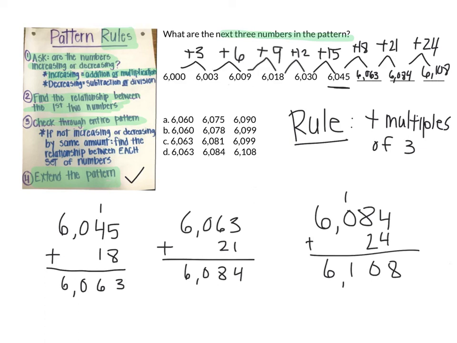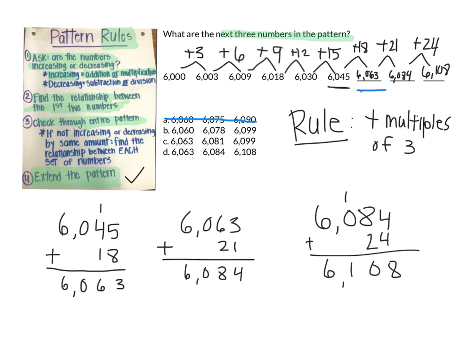All right, so A, the first number is 6,060. Well, our first number in our extended pattern is 6,063. So we can go ahead and eliminate A. That doesn't match already. Looking at B. Again, the first number is 6,060.